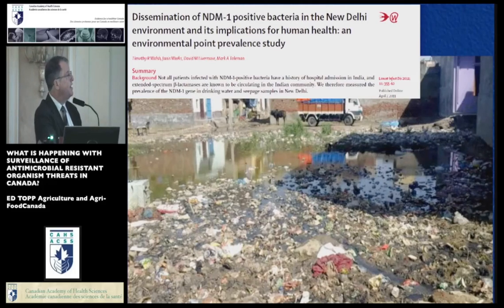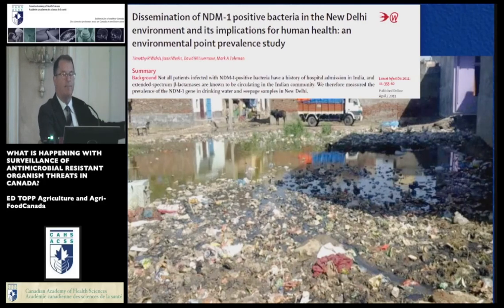But a recent study showed, interestingly, that in New Delhi, when they sampled creeks, streams, ponds, you name it, they found a very wide distribution of a variety of microorganisms that carry the NDM1 gene. So the idea here is that people in New Delhi that live within that environment are being constantly exposed to bacteria that carry this gene, then people come from the West and pick it up.